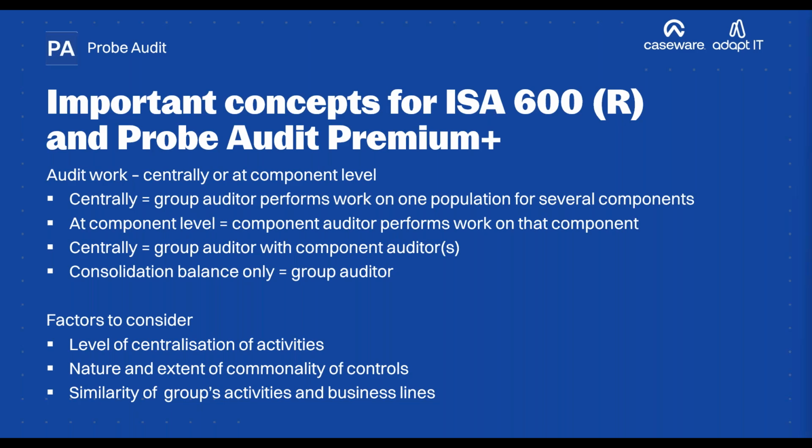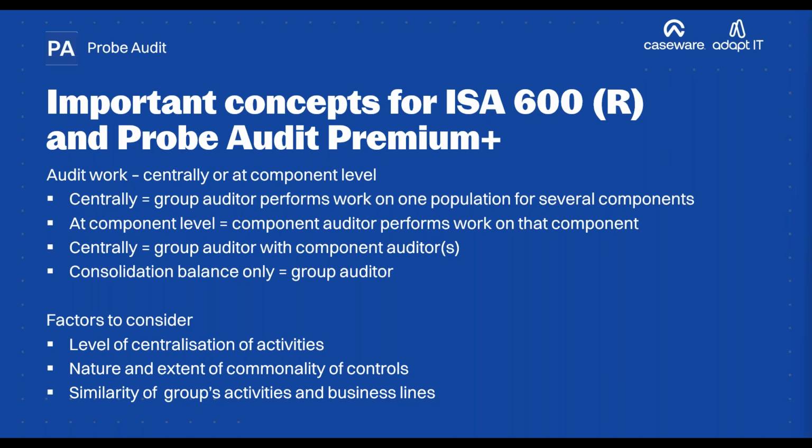The factors to consider are at the bottom of the slide. In determining if you can or want to audit an account balance centrally, you need to consider to what degree the activities are centralized. To what degree is the group company doing all of this? Otherwise it might be difficult to audit it centrally if you still have to go to all the components. Not impossible, but still.